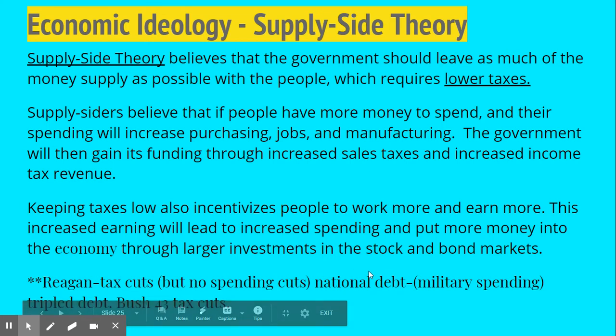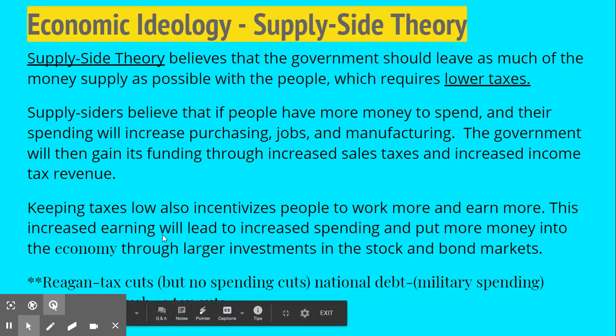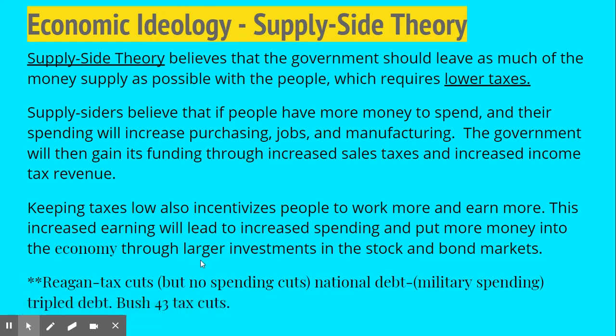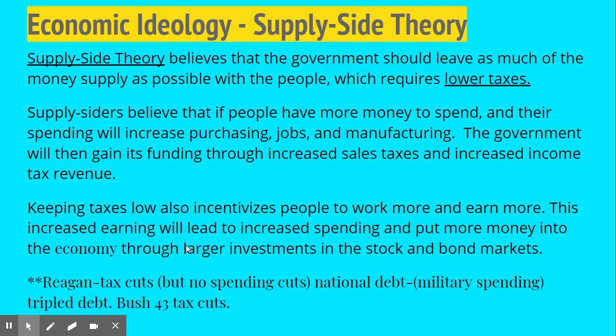The national debt, of course, on both sides, would end up being more if, let's say that the tax cuts were implemented, but no spending cuts, like in the Reagan years, right? So we have to match those tax cuts with spending cuts, okay?